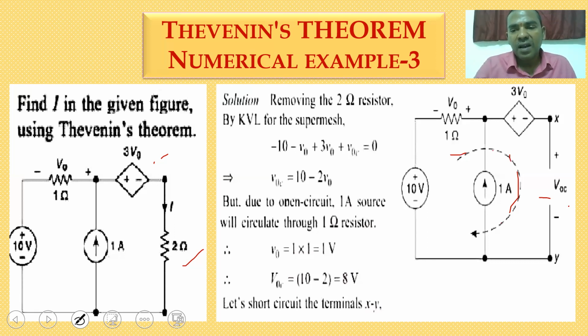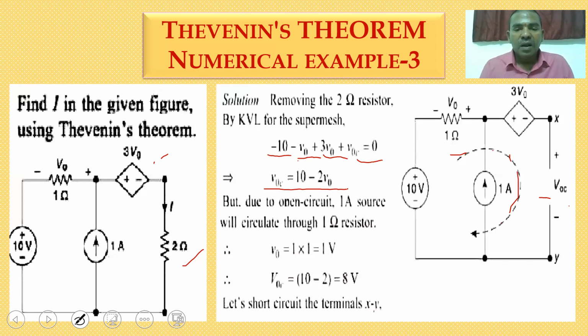From this I am writing the expression for KVL: minus 10 minus V naught plus 3 times V naught plus VOC is equal to 0. So the total algebraic sum of the voltages is equal to 0. From this, VOC is equal to 10 minus 2 V naught.